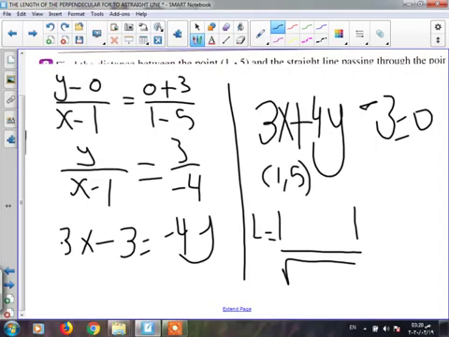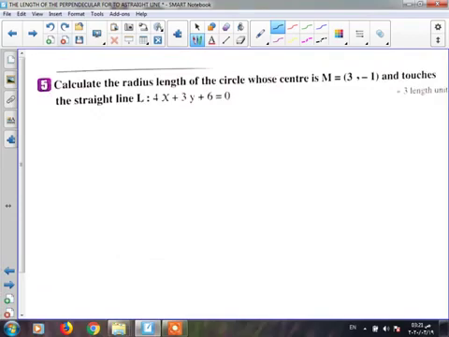So we have 3 plus 4 times 5, 20, minus 3 over the root of 3 power 2 plus 4 power 2. The result is going to be 4 length units. Here there is M. There is the point.